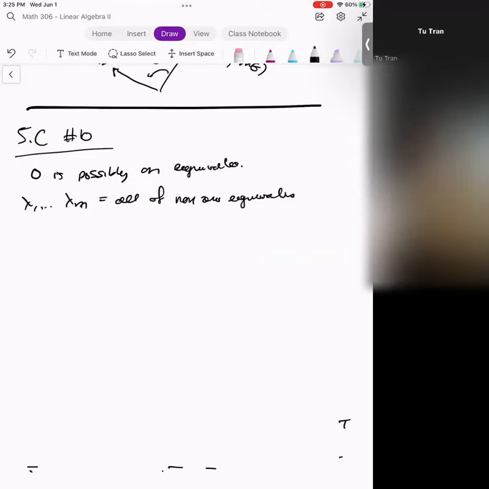Everything that's non-zero, we label with lambda 1 to lambda m. So it's possible that 0 could be an eigenvalue. Now, one thing we do know is that the dimension of V is equal to the dimension of the range of T plus the dimension of the null space of T. And secretly, I also know that this is equal to the eigenspace of 0, which may exist.